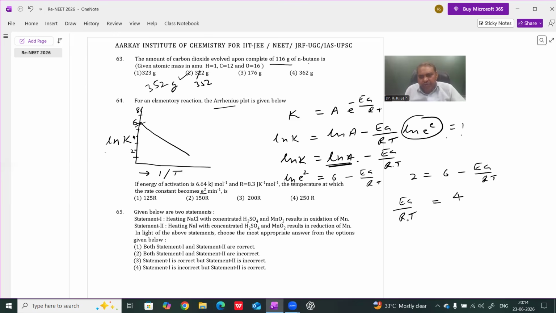Ea upon RT equals 4, and temperature T equals Ea upon R into 4. Ea is given in kilojoule, R, and divide by 4. Therefore, we find the temperature of this reaction. Question next.